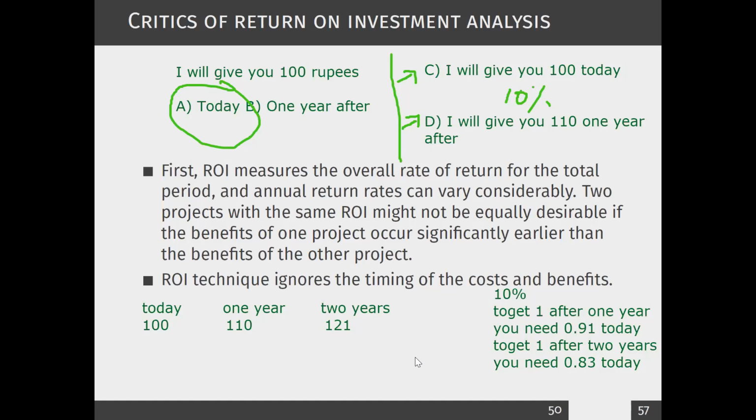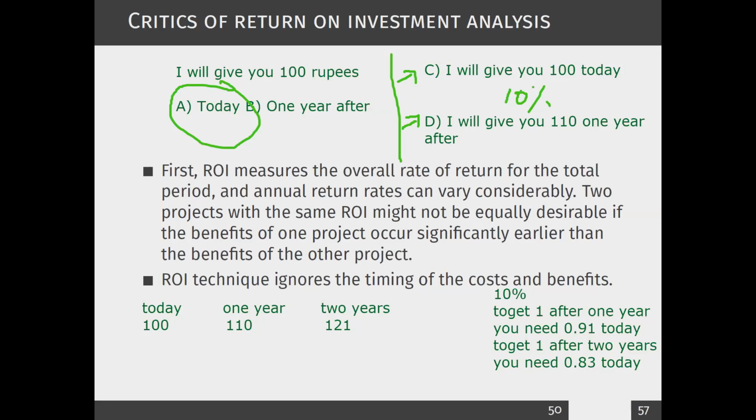You'll be surprised, because you are getting cumulative interest, isn't it? Okay, this is exactly what we are going to witness when we talk about net present value problems.